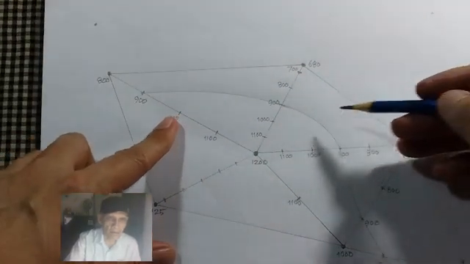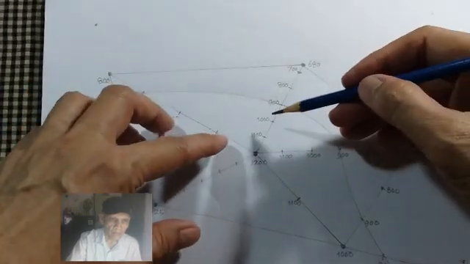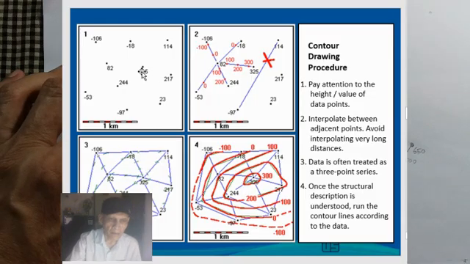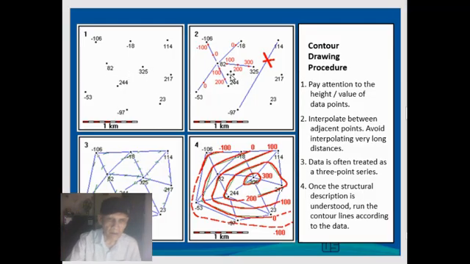The next step is drawing all the contour lines in the map. First we connect the points, then divide them by the contour interval, and then we can draw a contour line after we mark the points to be connected by the contour interval.